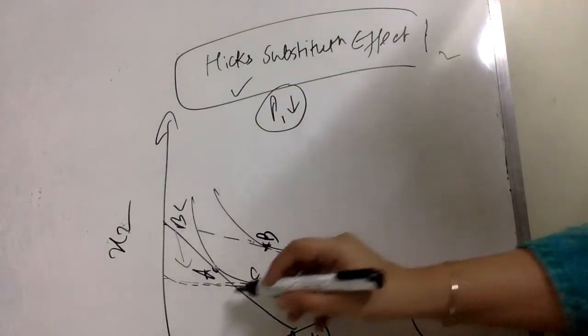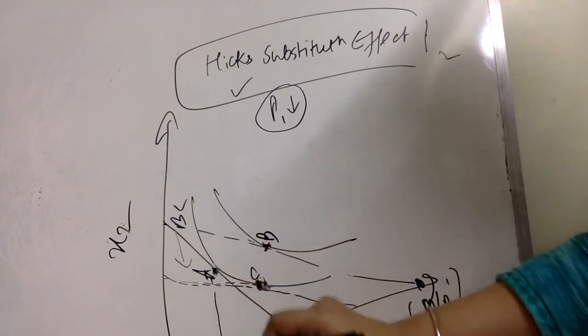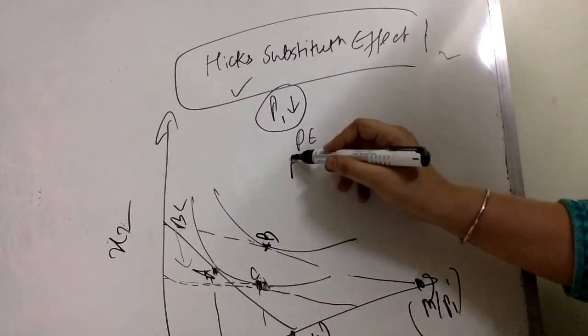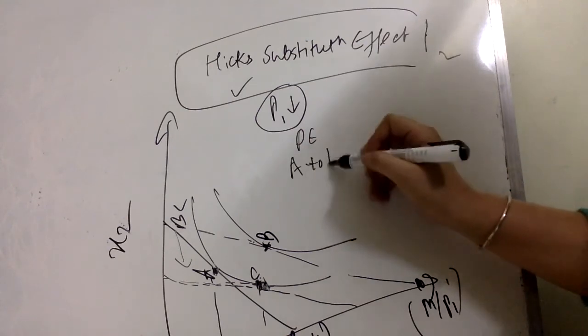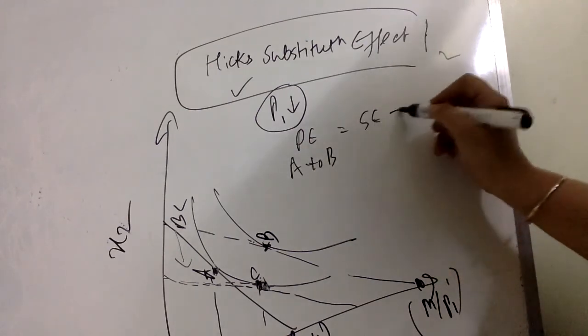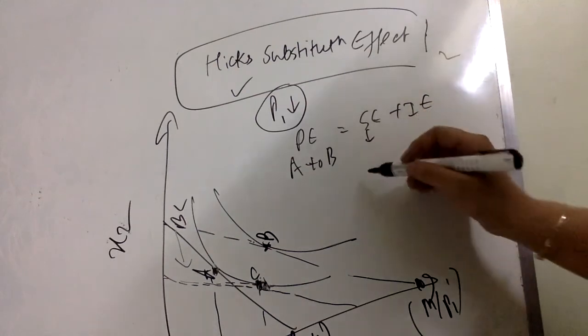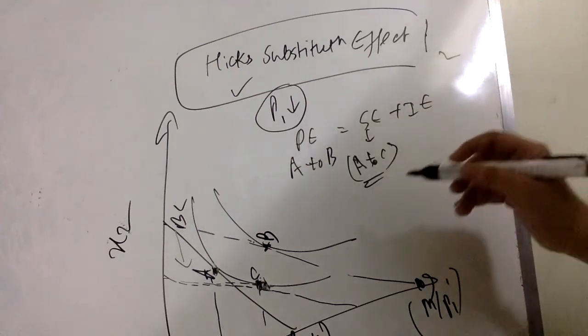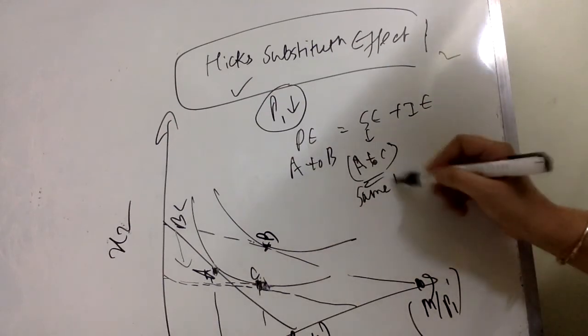This movement from point A to C, if we now decompose the price effect, which is from A to B, into substitution and income effect, here the substitution effect is from A to C, which is on the same IC level.